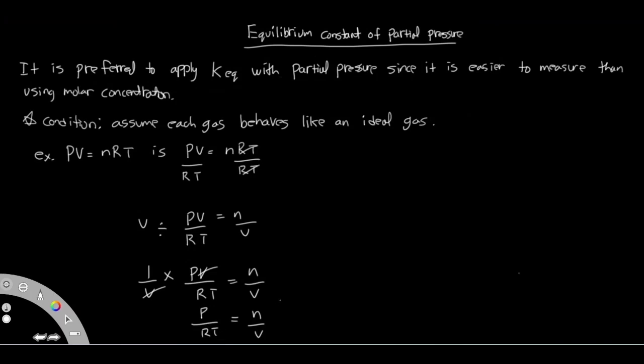So as you can see, this n over V, what we've looked at in this previous question a couple of minutes ago, this here was our molar concentration. Because this here is our moles, this here is our liters, our volumes.